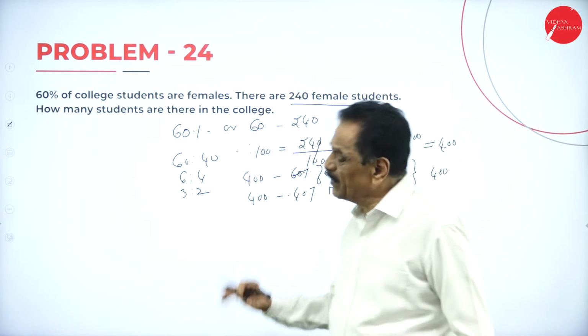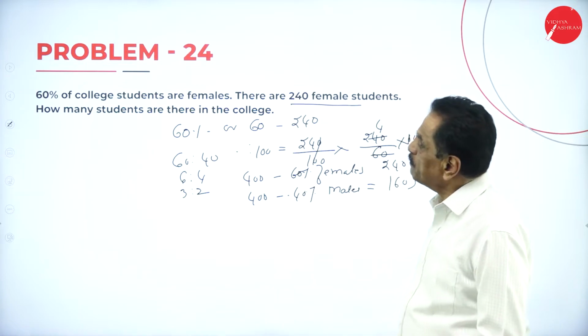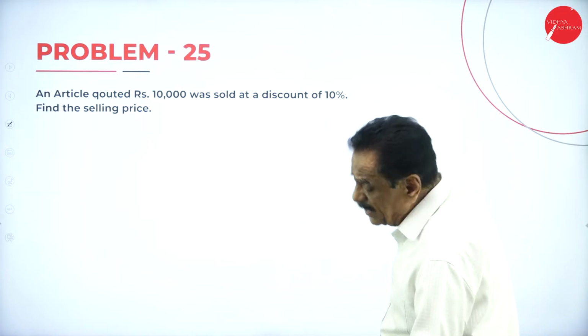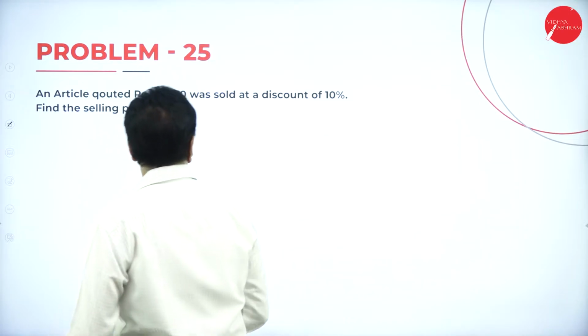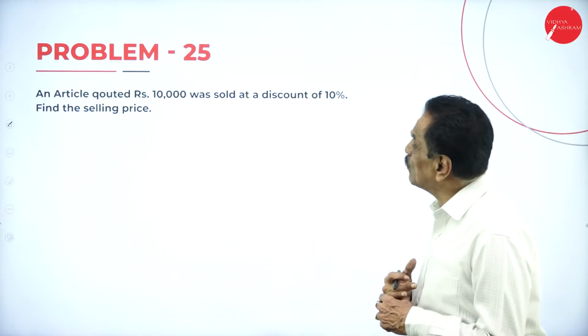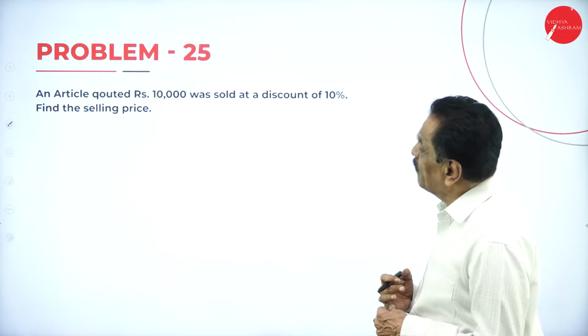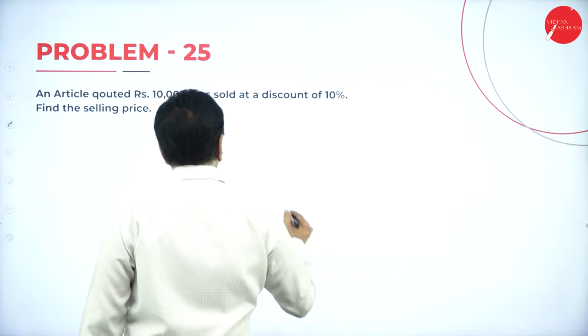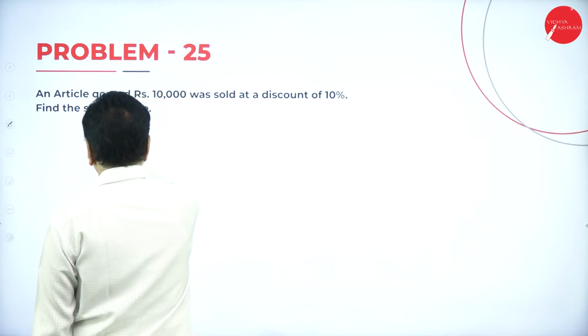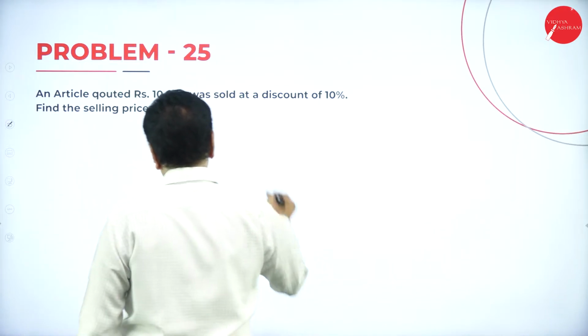You must see how it will be bifurcated. An article quoted at 10,000 was sold at a discount of 10%. Find the selling price. So an article quoted 10,000 rupees.